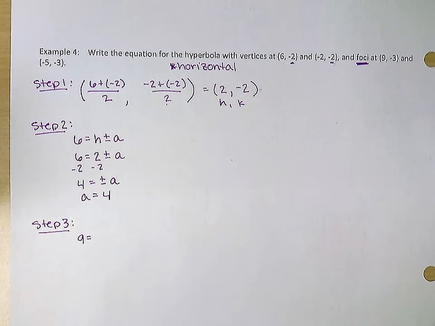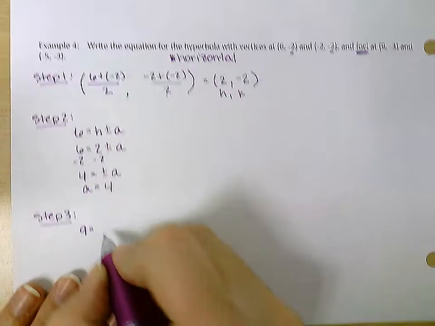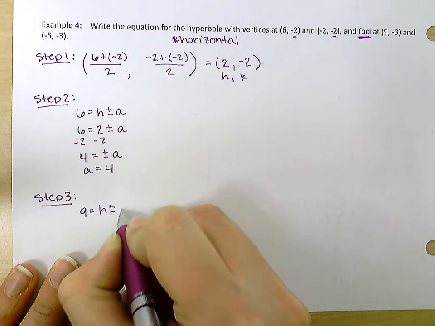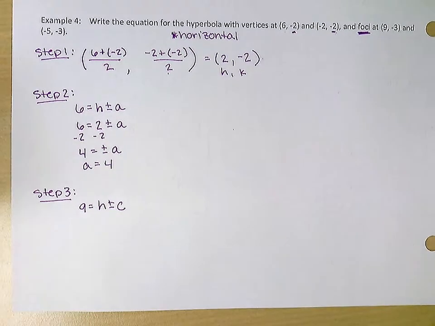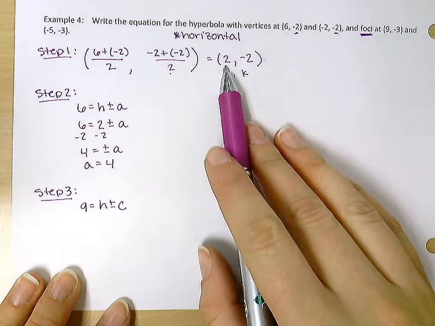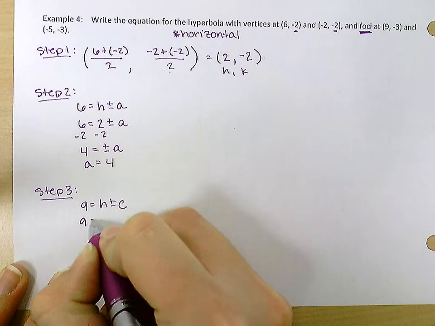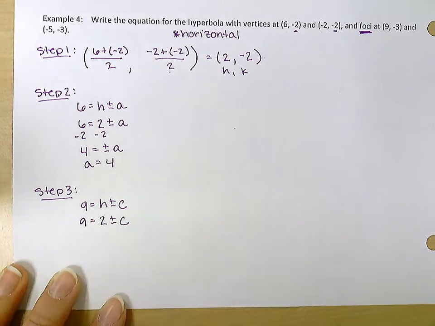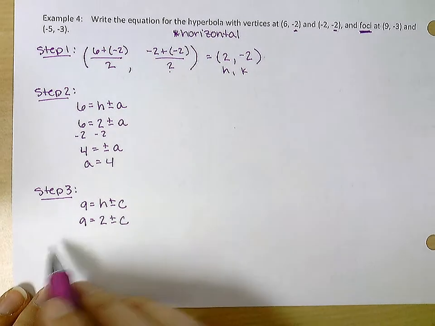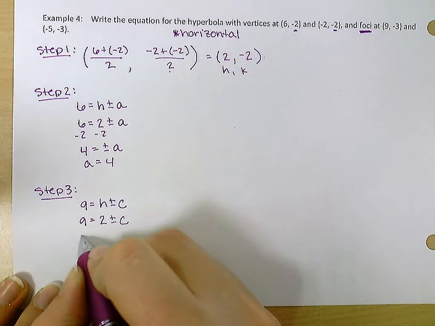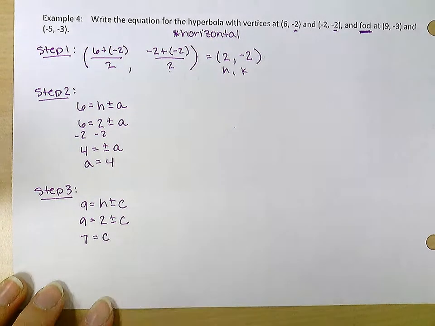Our foci equation for a horizontal is h plus or minus c. So 9 will be equal to h plus or minus c. And again, we know what h is. It is 2 from our center, so we can plug in 2 for h. Subtract 2 from both sides to get 7.